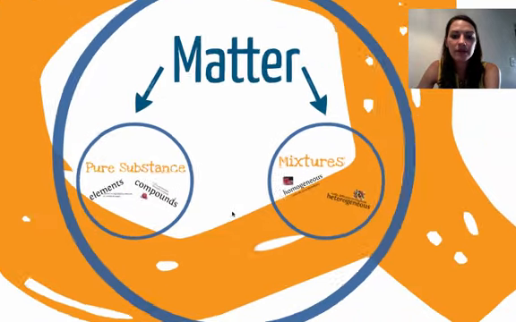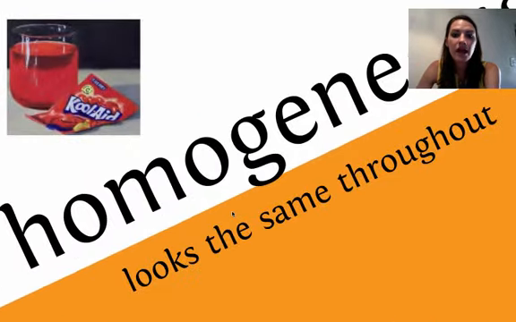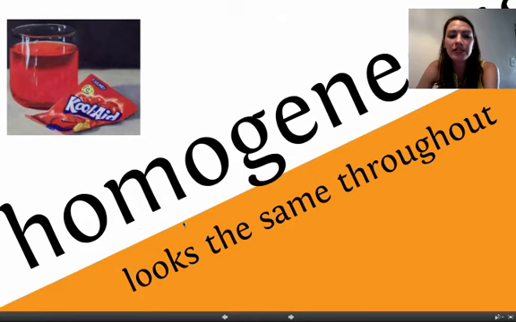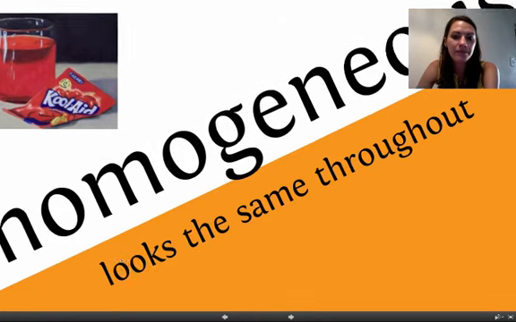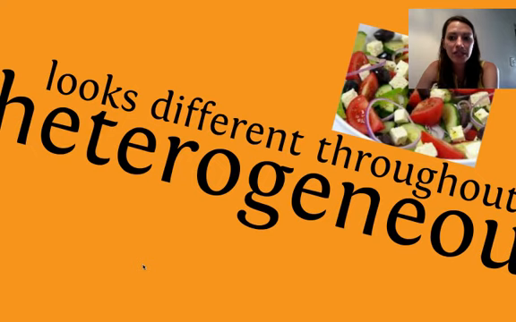So if we look back in there at our homogeneous mixture, you see Kool-Aid. It's a mixture of water and the Kool-Aid powder, which is essentially sugar. So you've got sugar dissolved in water. So that's a mixture, and it looks the same throughout. So a homogeneous mixture looks the same throughout. Over here, our heterogeneous mixture does not look the same throughout, okay? It looks different throughout. An example of a heterogeneous mixture is the salad over here, because if you take a slice of that mixture from any angle, it's not going to look the same.